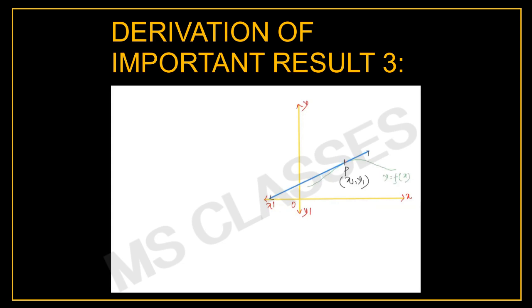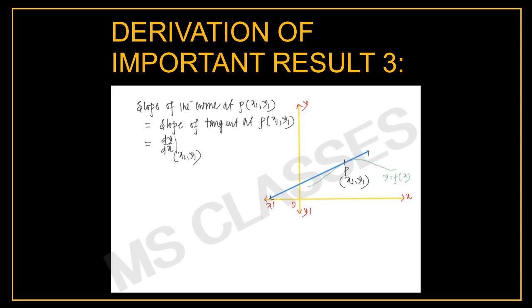So what we can see is that the slope of the curve at the point P (x1, y1) equals the slope of the tangent at the point P (x1, y1), and that is equal to dy/dx at (x1, y1). We just differentiate and we get f dash x1. That is what we get.